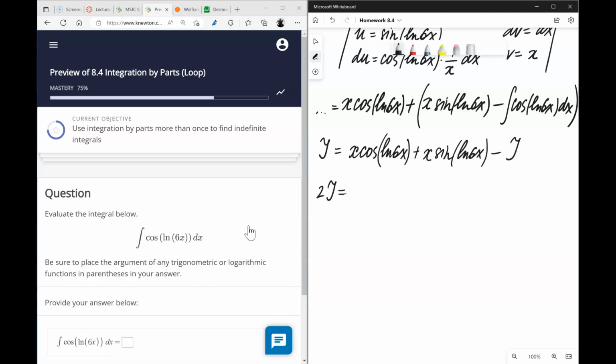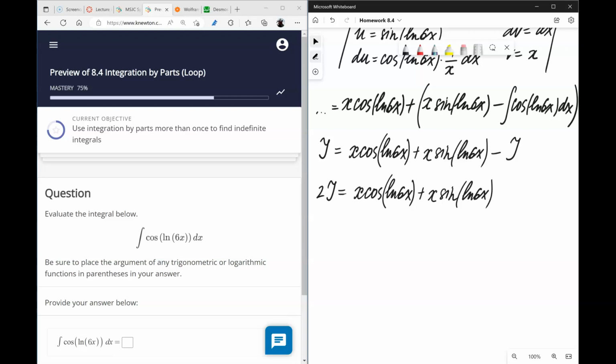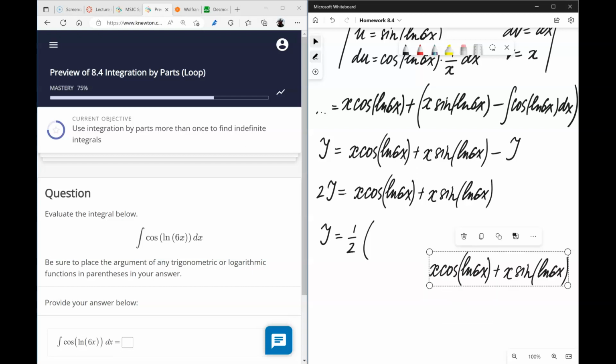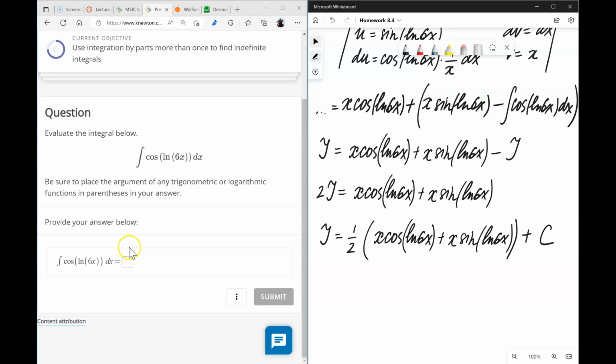And I'm going to Control C this thing. Divide both sides by 2. And don't forget the constant. So this is the final answer.